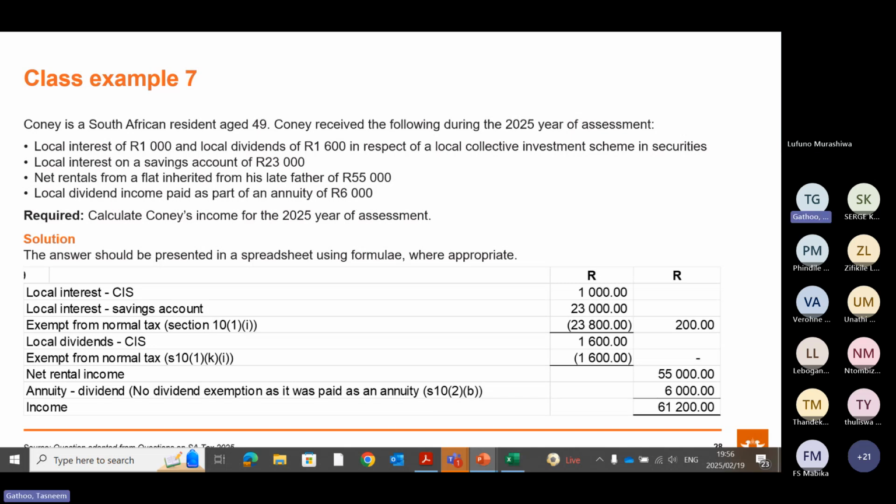This one here is a pretty straightforward question. You could expect to see something like this as part of one of the constructed response questions, but you could also ask one of these as a multiple choice question in section A, where they'd give you the required, ask you to calculate the income, and then say, is it A, B, C, or D? And then you have to do the calculation and then put in the right amount.